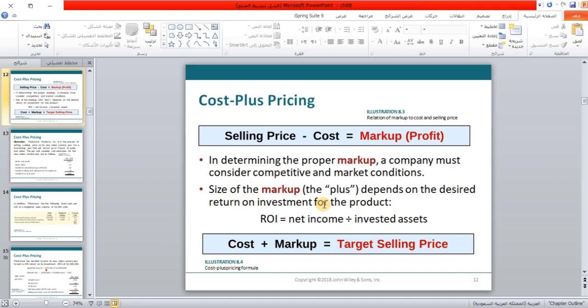The size of the markup depends on the desired return on investment for the product. Return on investment equals net income divided by invested assets. The cost plus markup equals the target selling price.